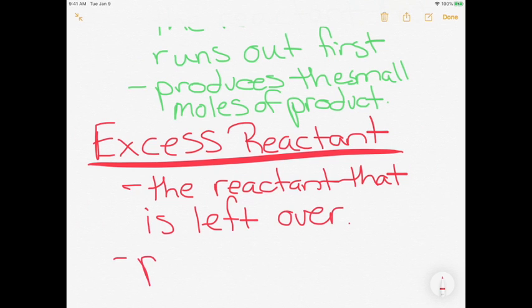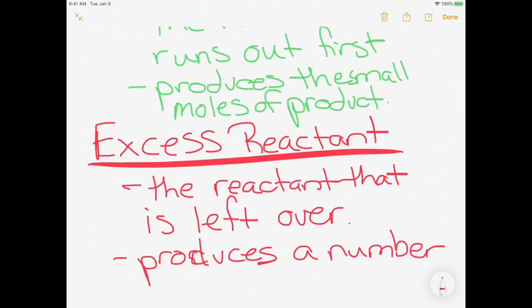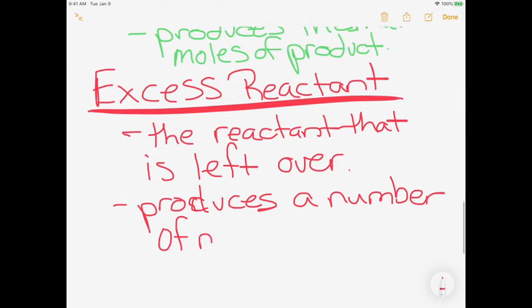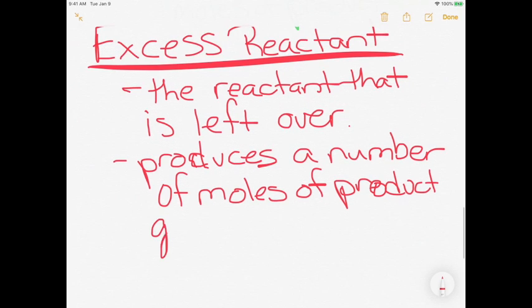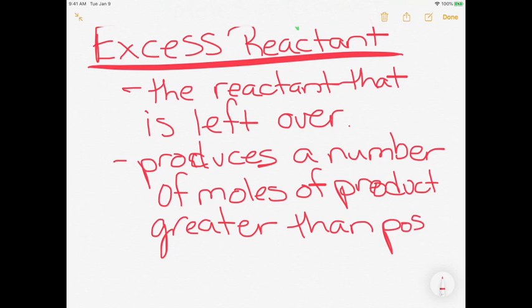And it produces a number of moles of product greater than possible for the reaction.